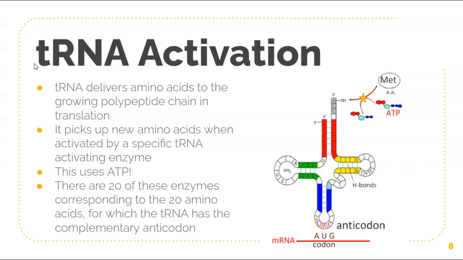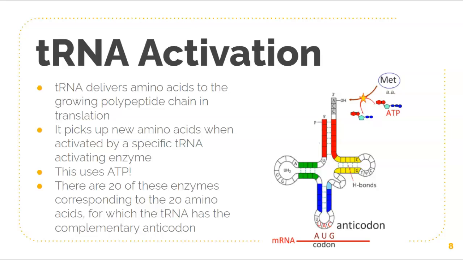So tRNA activation. As we've said a few times, tRNA delivers amino acids to the growing polypeptide chain. It picks up new amino acids when activated by a specific tRNA activating enzyme. You don't need to know anything more than that, except that it uses ATP so that you can actually connect the amino acid to the tRNA.